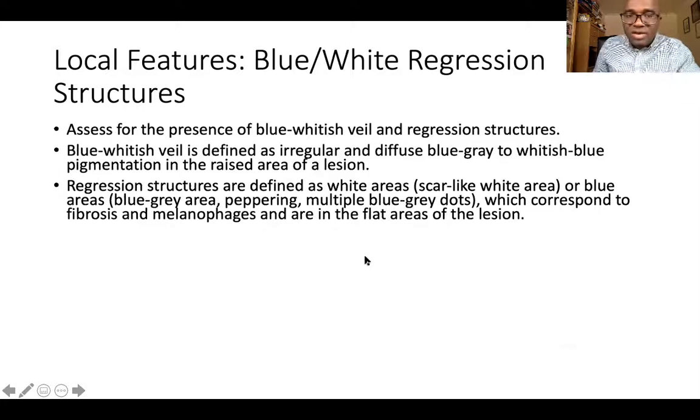Regression, on the other hand, is a white area, usually a scar-like area, or a blue area with blue-gray appearance, or peppery or multiple blue-gray dots, which corresponds to fibrosis or melanophages, and is also flat in areas of the lesion. So regressions are usually flat. Blue-white veil is usually thick in the lesion. Okay, all these are features of a suspicious lesion.